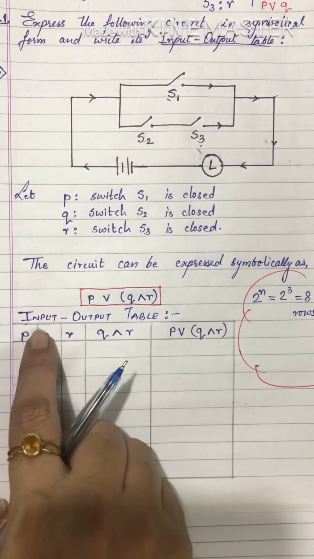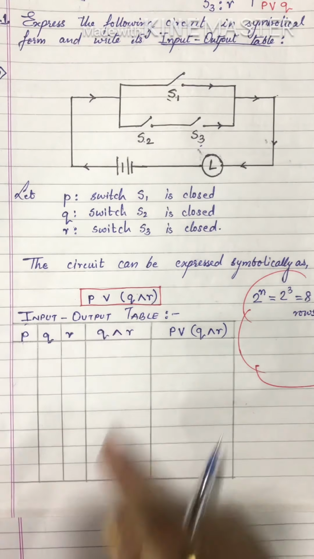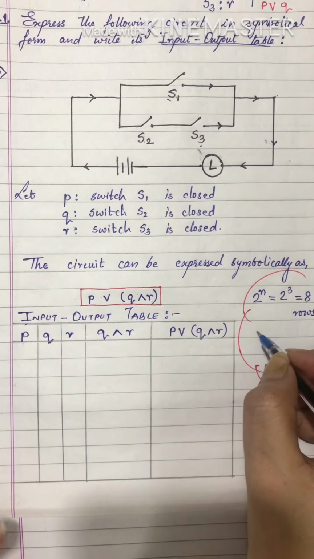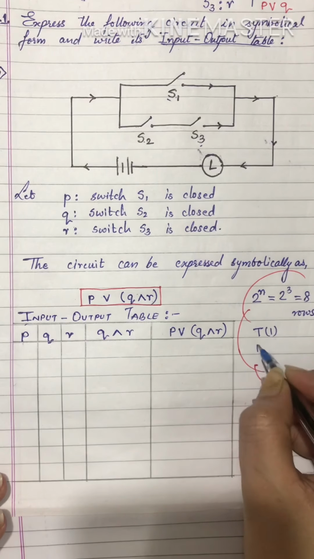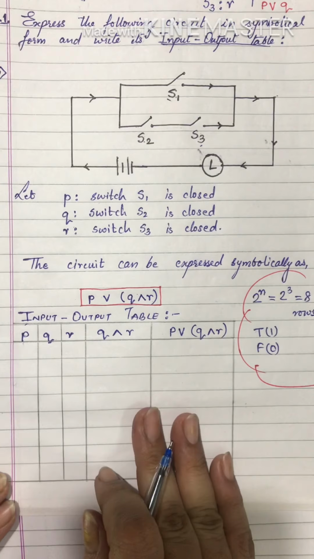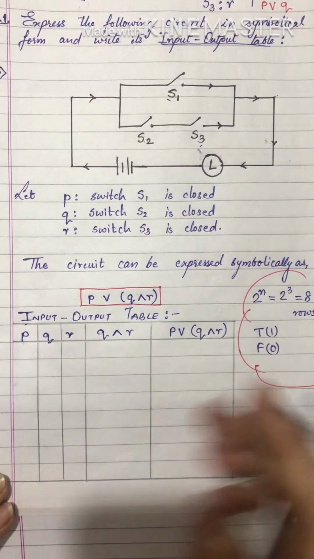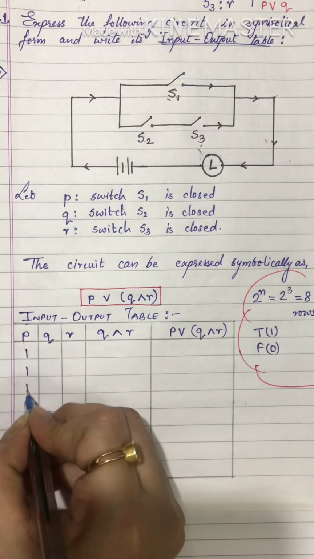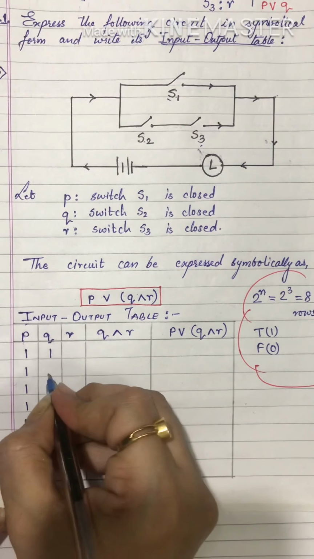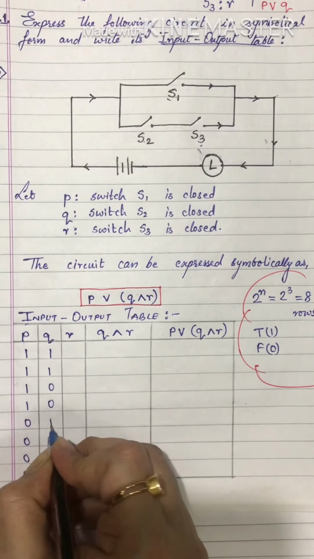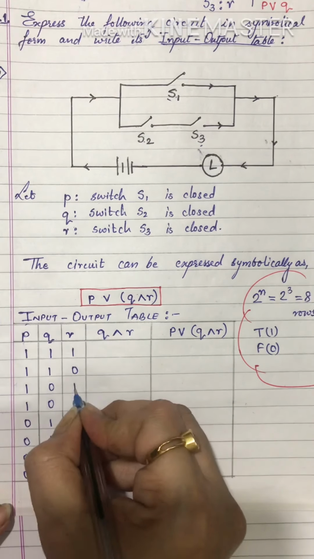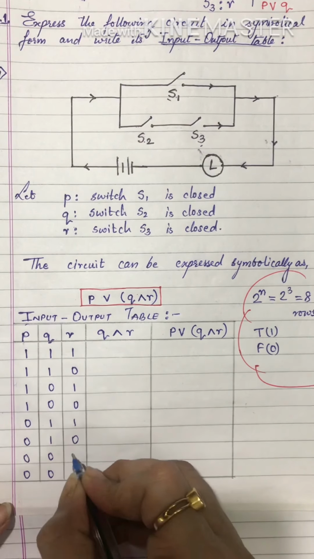Now since we are making an input output table, we will be strictly working with binary numbers 1 and 0, where 1 will be for true and 0 will be taken for false. Okay, remaining procedure remains the same. Now 4 times 1, 4 times 0, and then 2 times 1, 2 times 0, this way for column Q, and then 1 0 1 0 1 0 1 0.